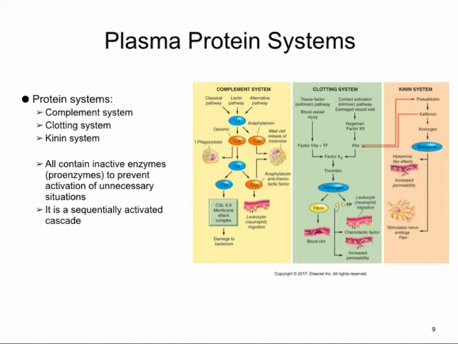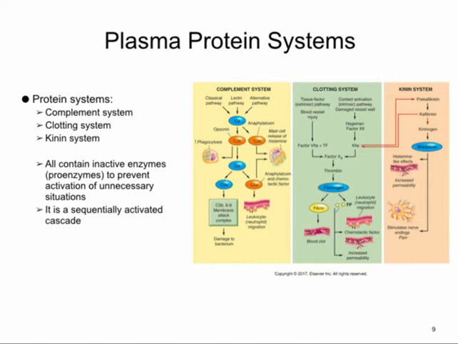These plasma protein systems essentially are a huge portion of your innate immune response. So you have your complement system, which gets activated, and there are different pathways. Once again, I don't expect you to memorize individual components of the pathway. I want you to understand the main end result here and what it essentially does, and I'll go through that in a minute.